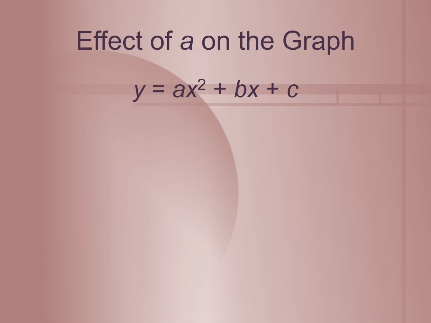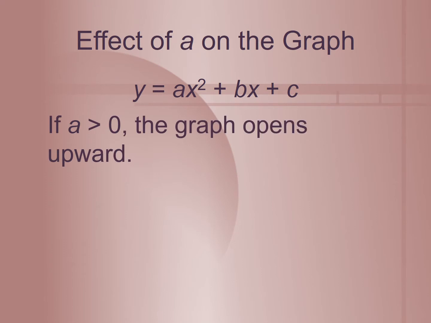So we notice that when we put a 3 in front of the x squared, it became more narrow. And then when we put a negative in front of the x squared, it flipped it over and everything flipped downwards. So we can say that the a value has an effect on our graph.